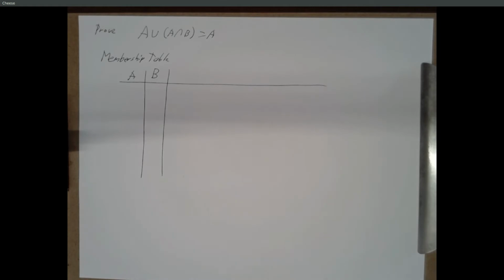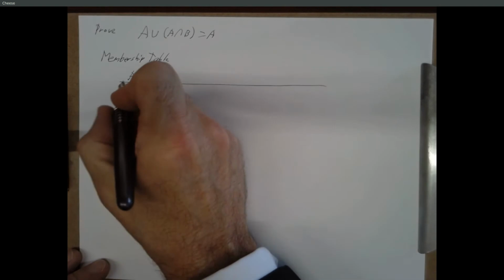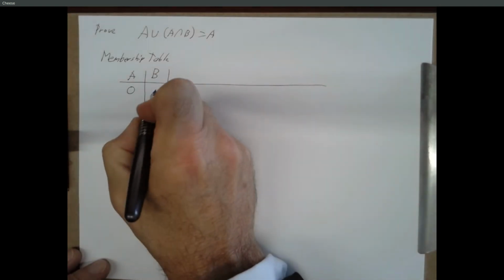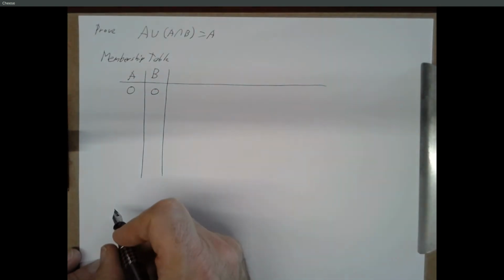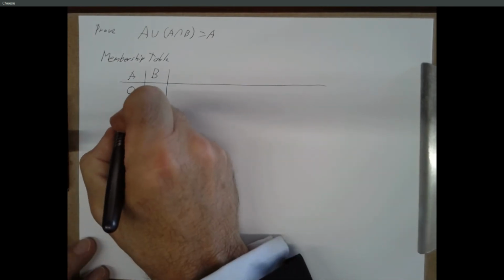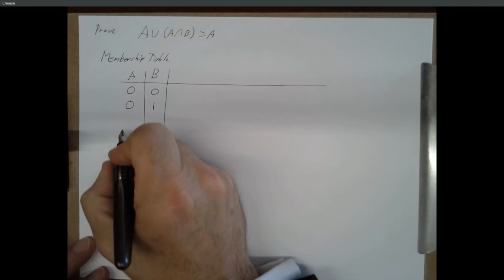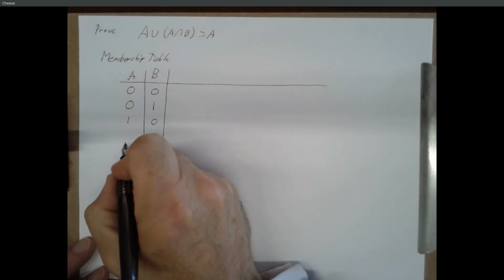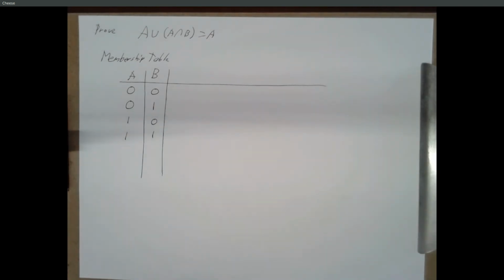So for any element I pick, there's exactly 4 possibilities. It may be that that element does not belong to A and it does not belong to B. Or it does not belong to A, but it does belong to B. Or it belongs to A and not B. Or it belongs to both A and B. Are there any other possibilities?